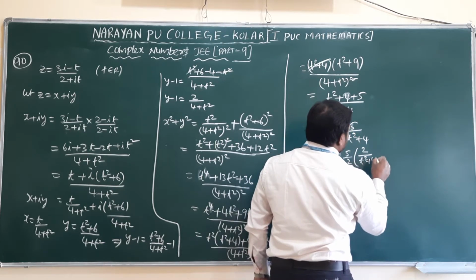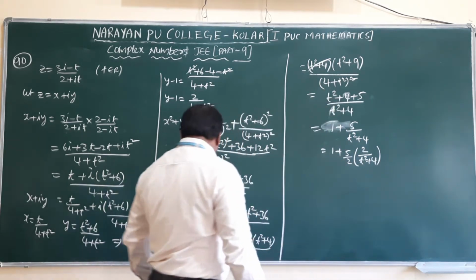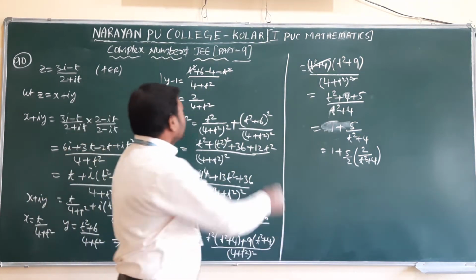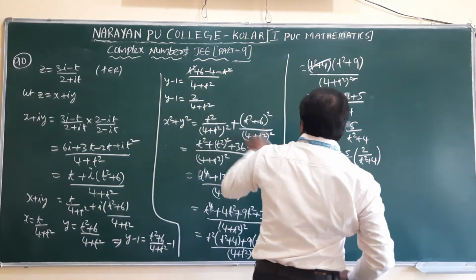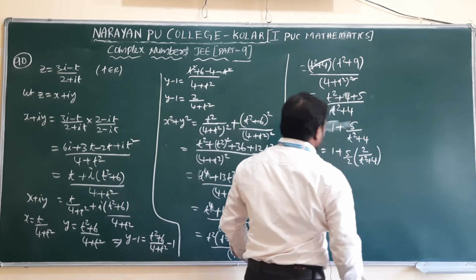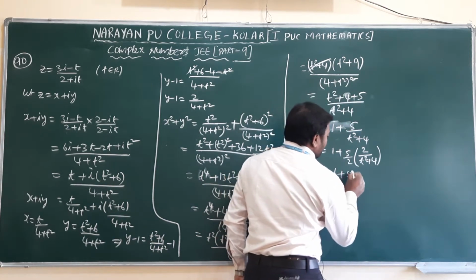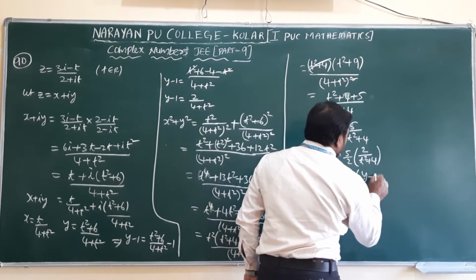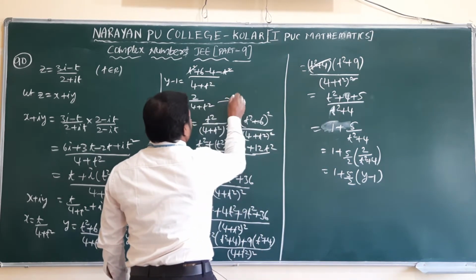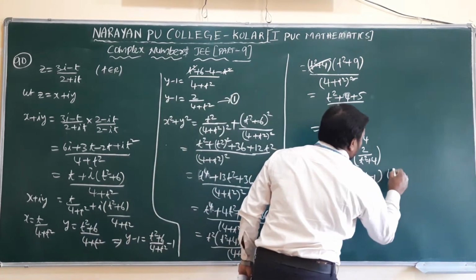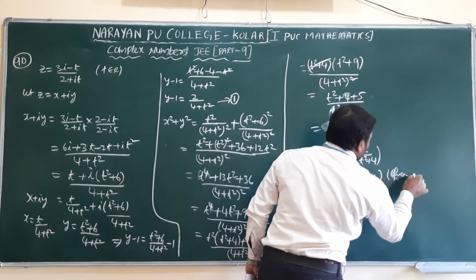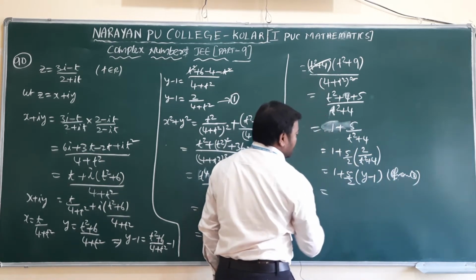But we know that the value 2 by 4 plus t square is y minus 1, so 1 plus 5 by 2 into y minus 1. We have to take equation number 1 from here.